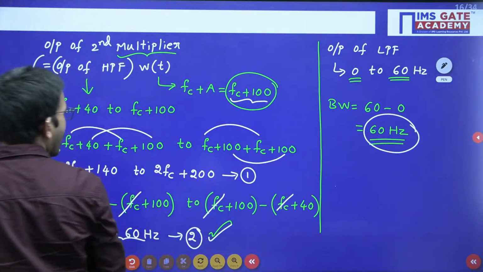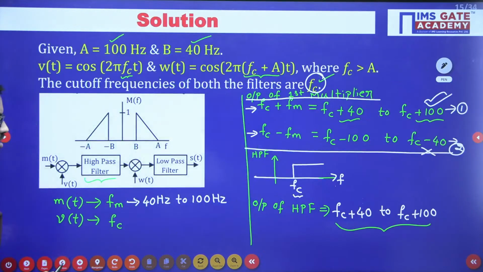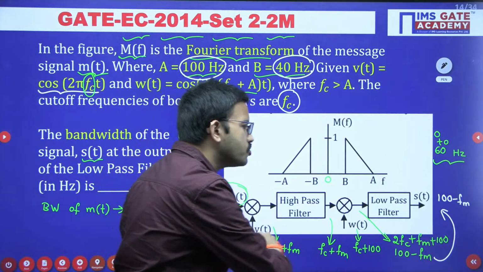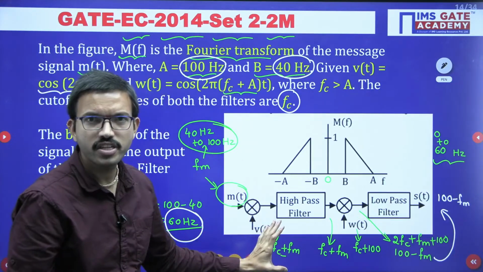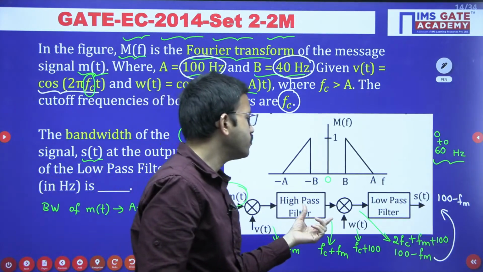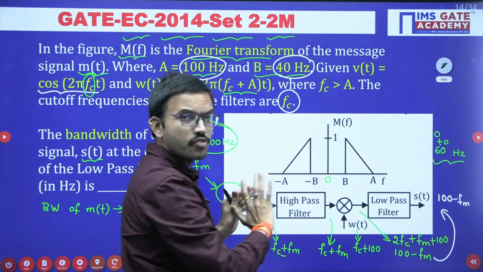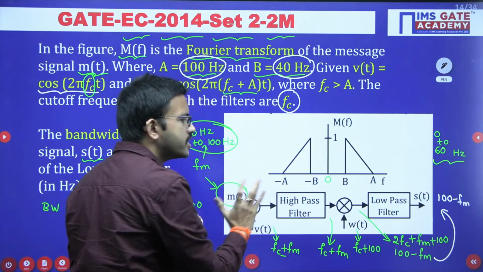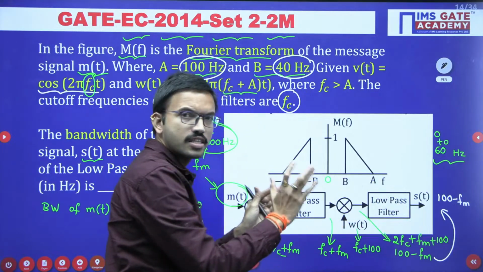I have explained everything clearly step by step, and the same thing, instead of representing the values, I have explained once again without using any notation, just by observing the phenomena: what possible frequencies you are going to get and what kind of frequency it is passing. With the help of the high pass filter it passes some band of frequency, and similarly with the low pass filter we pass some band of frequency.